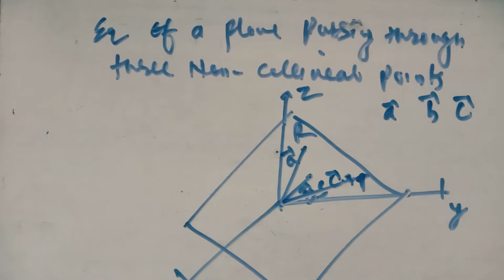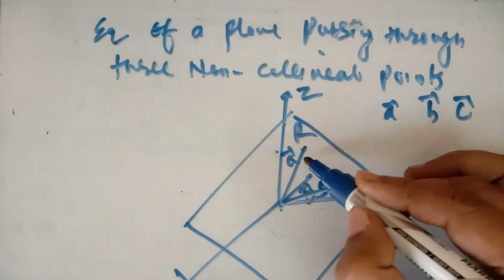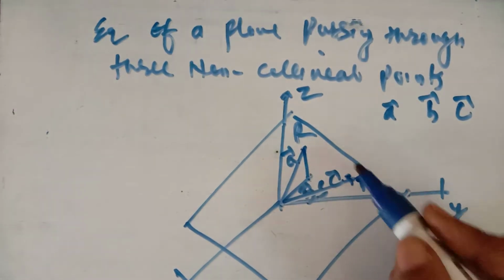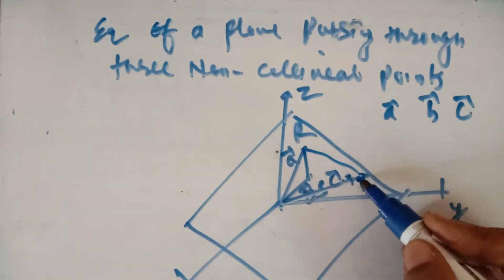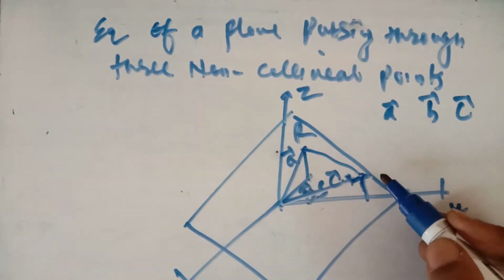Now the vector RS and RT, which we have taken, are in the given plane.